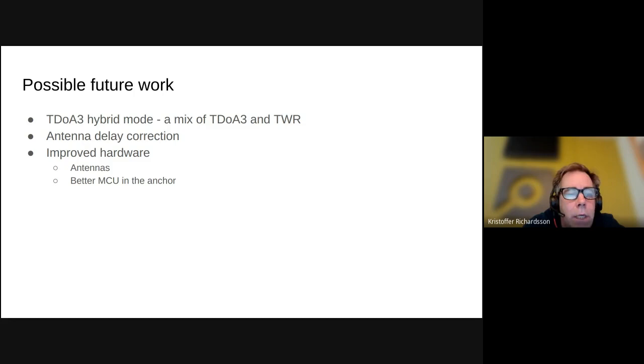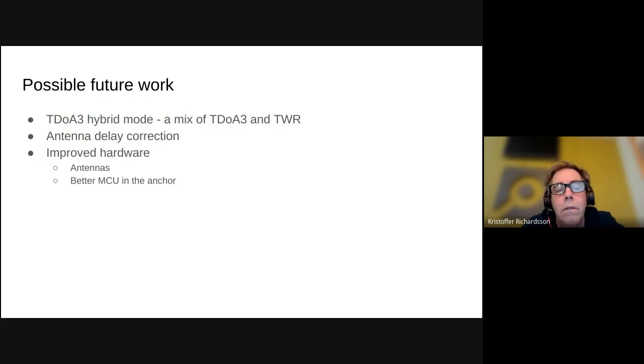Another thing that could be interesting to look at in the future is antenna delay correction. When the radio waves arrive at the ultra-wideband radio, there's a delay when they pass through the antenna into the physical radio. And this is compensated for. I mean, that's not the problem. The problem is that the delay is slightly different depending on the orientation of the antenna. So this means that if the Crazyflie is yawing, for instance, then the delay to the anchors will change slightly.